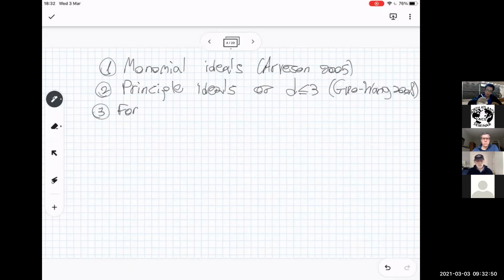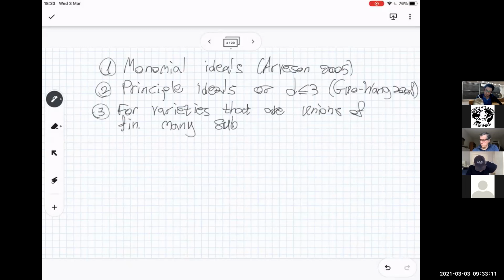For varieties that are unions of finitely many subspaces intersected with the ball, this was done by Kennedy and Shalit. I think this was 2012.